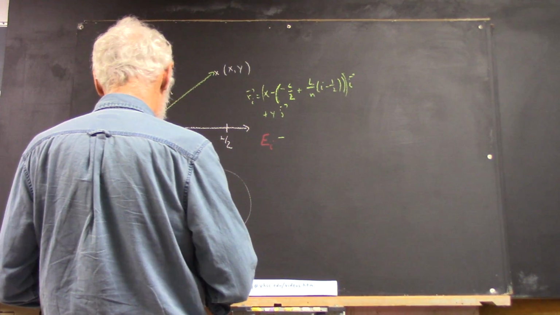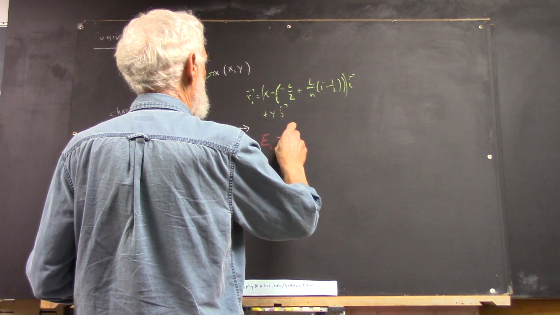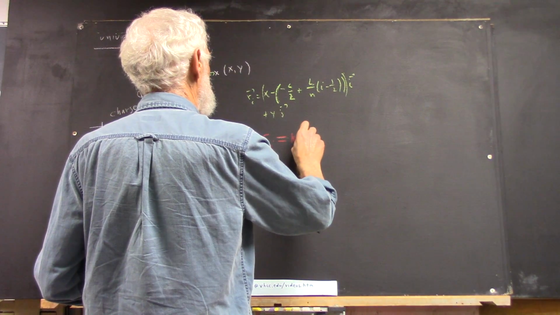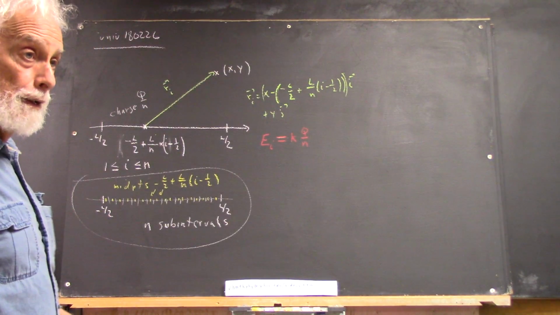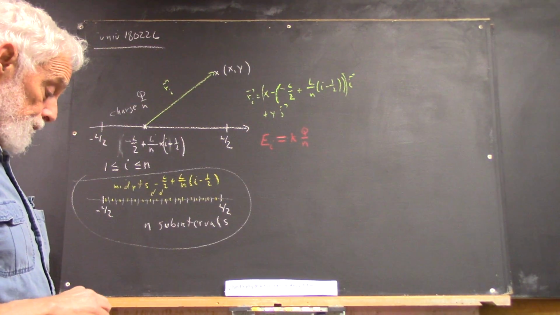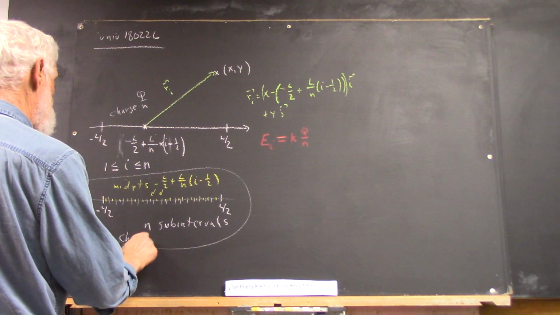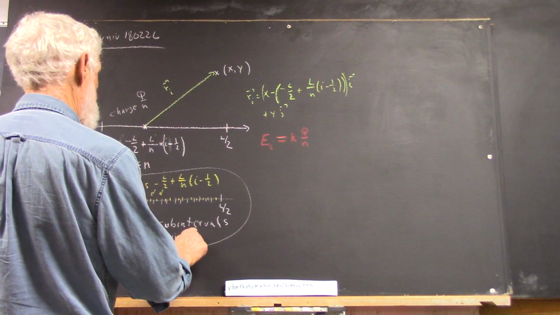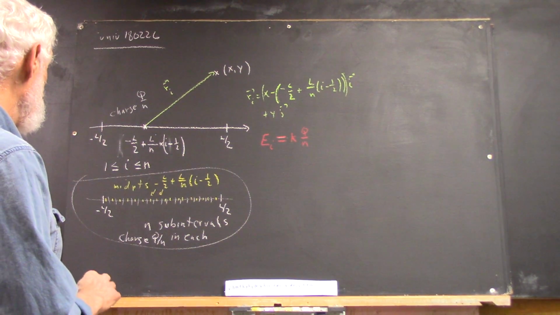Well, what's the charge at this point? Well, we're dividing our charge up into n parts, okay? So I could also say charge Q over n in each subinterval.